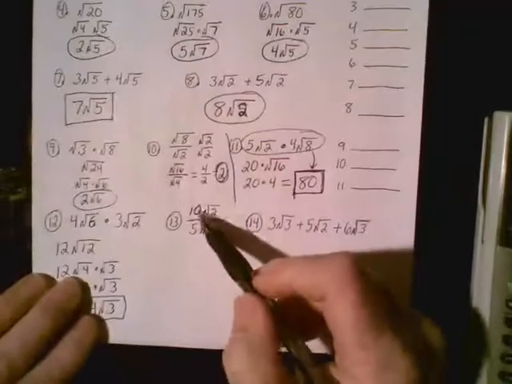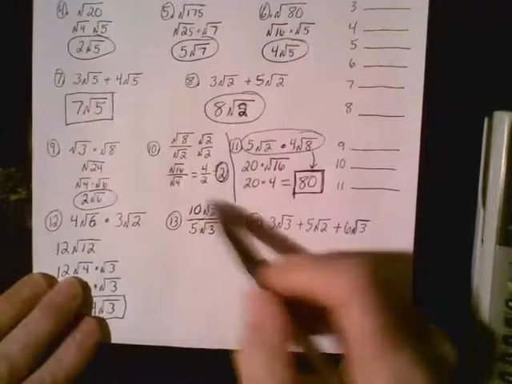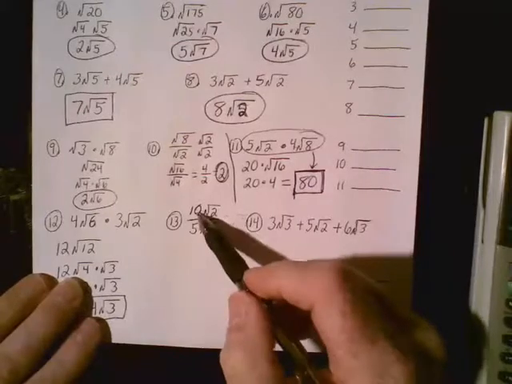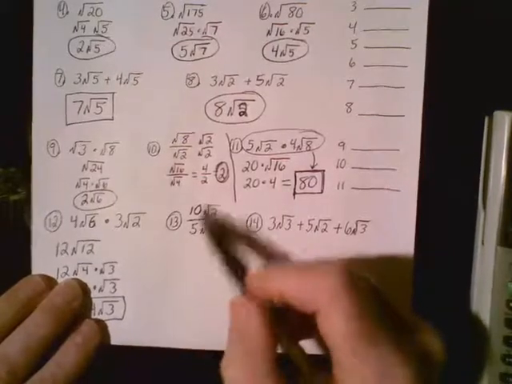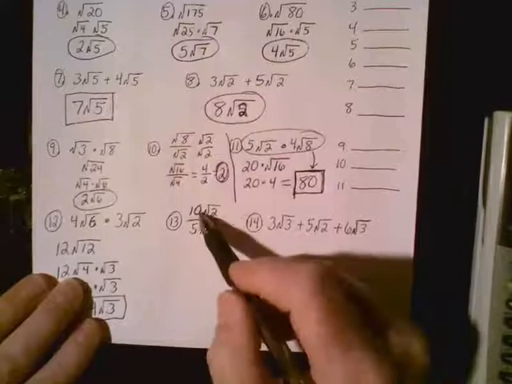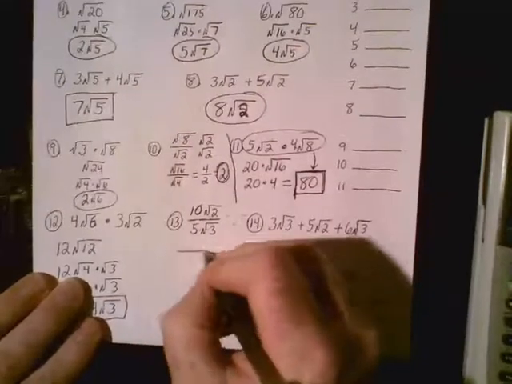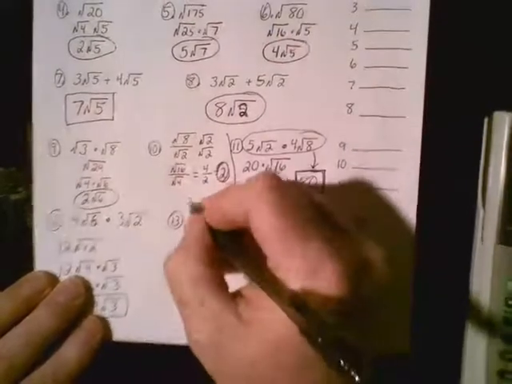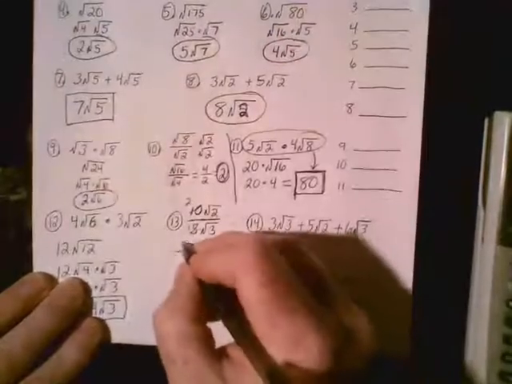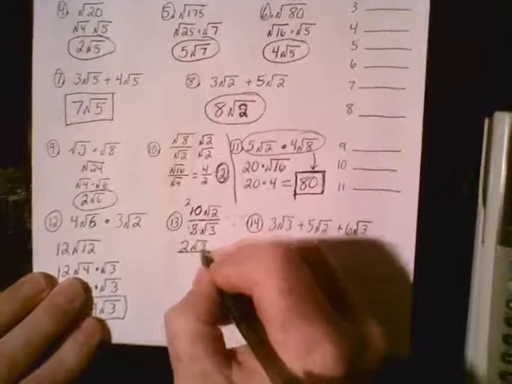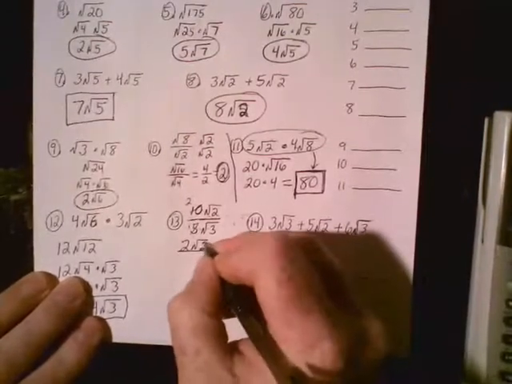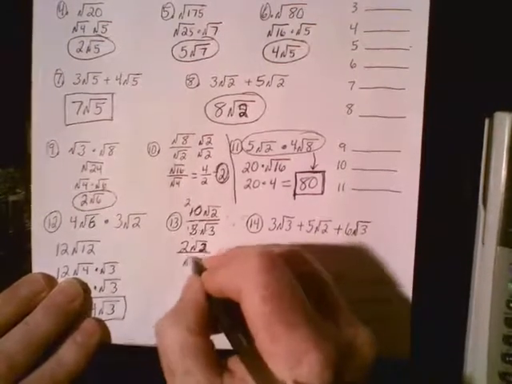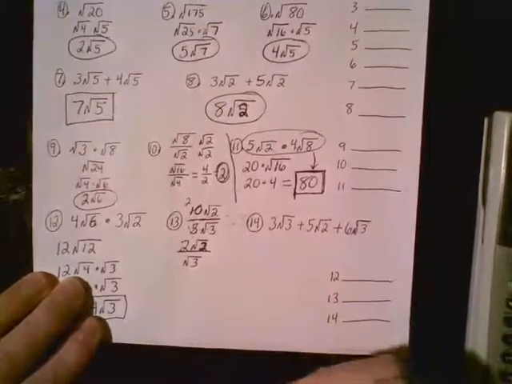Next one. On this one, there's several different ways you could do this. First thing I would probably do is the 10 and the 5. Since you're just multiplying here, you can simplify that, and it's going to end up 5 will go into 5 once, 5 will go into 10 twice, and you end up with just 2 times the square root of 2 on top. Oops, square root of 2. And the square root of 3 all by itself on the bottom.